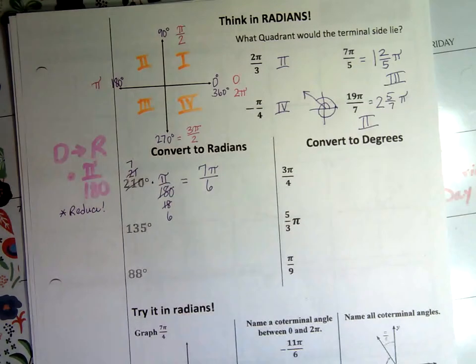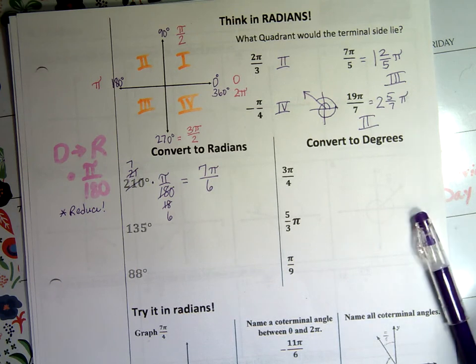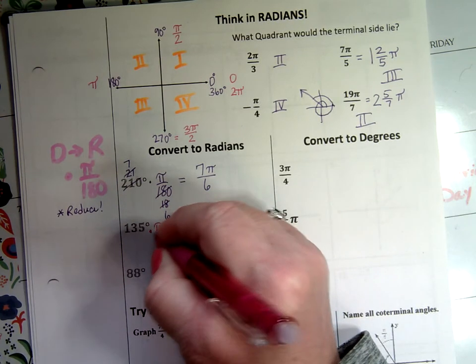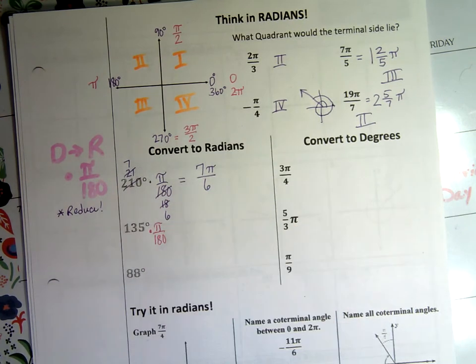All right, let's try the 135. I'm multiplying by pi over 180. I need anything that divides into 135 and 180 evenly. You could pick 5, but there's something a little bigger. Anybody get it?